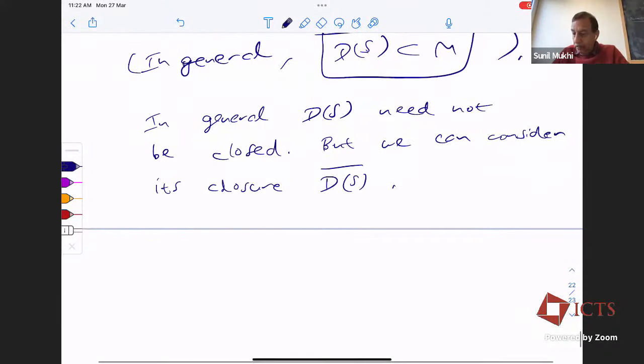And we have a theorem described by Wald, proposition 8.3.2. I've given the reference in the notes.